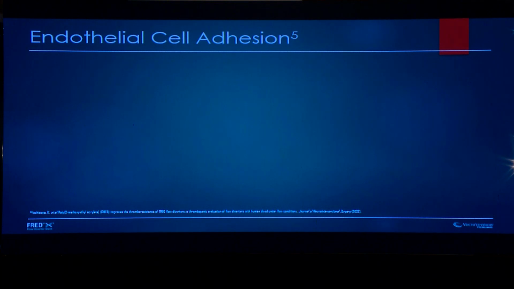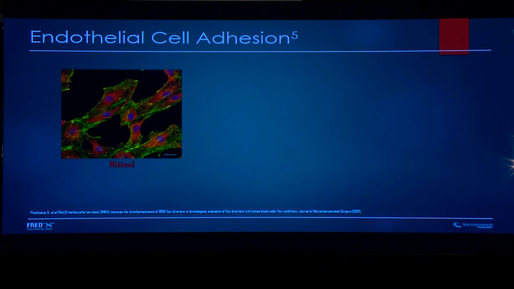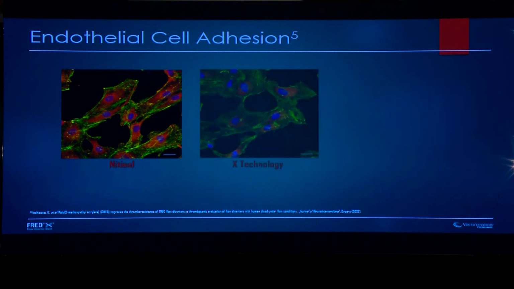Now, it's previously been questioned that maybe phosphorylcholine polymers might inhibit endothelial adhesion in vitro, although animal studies would suggest otherwise. In the same paper, Yoshizawa studied endothelial adhesion using the X technology by using cultured endothelial cells on both nitinol and PET sheets, both bare, coated with the X technology, and also coated with phosphorylcholine.